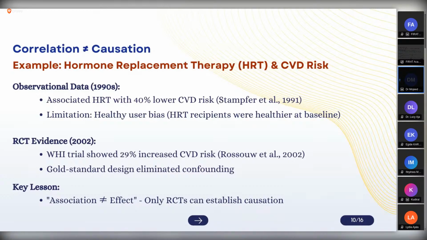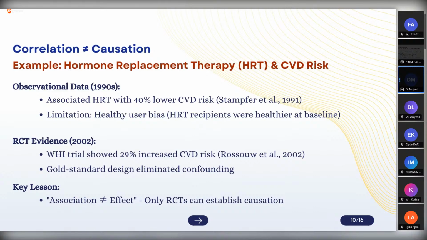Now, RCT evidence in 2002, like we have the Women's Health Initiative trial, a study that assessed hormonal replacement therapy effect on post-menopausal women, shows that a 29% increase in cardiovascular risk was associated with HRT.